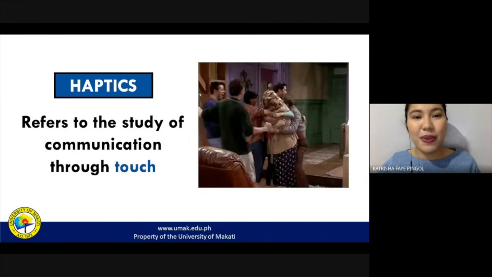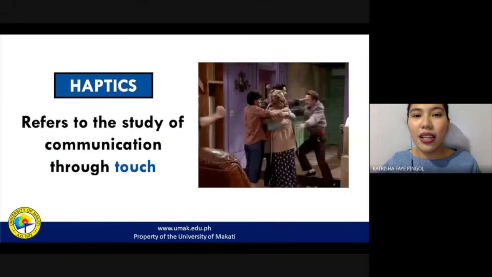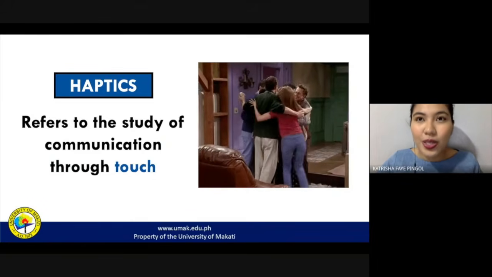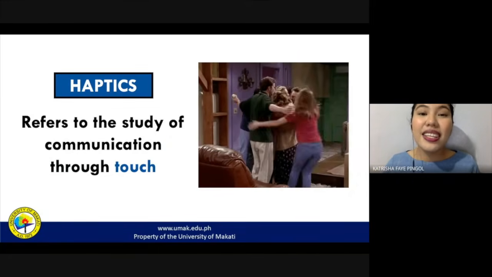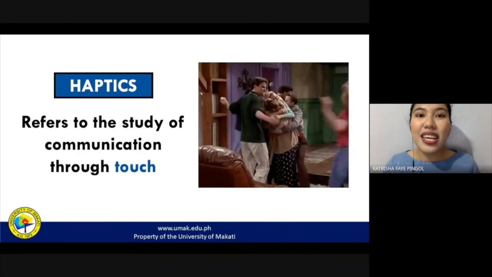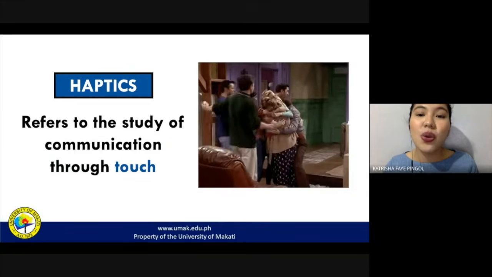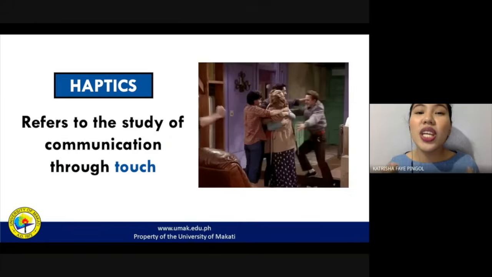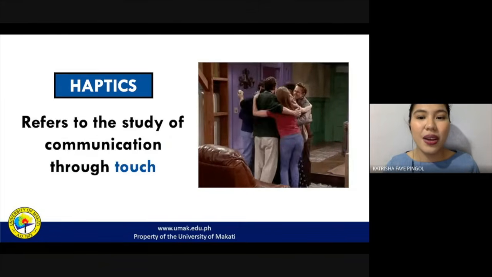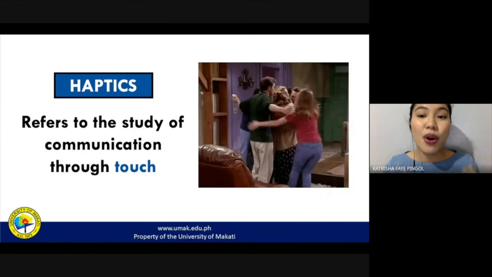A very good example of this is when your friend is feeling down and even if you don't have any words to say, even if you don't say anything, you give them a hug, it already says a lot. It says that you are here, you are caring for them, and so on and so forth. So the power of touch is also a very good tool in communicating what we want to say. Even kisses, for example, could be considered a form of haptics.